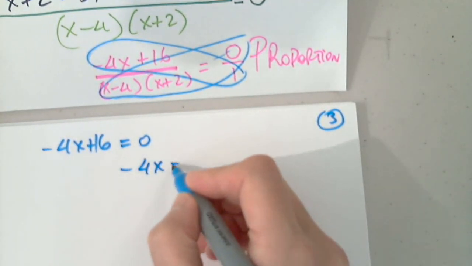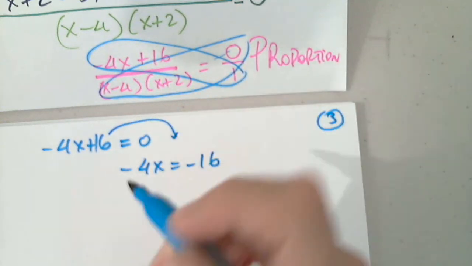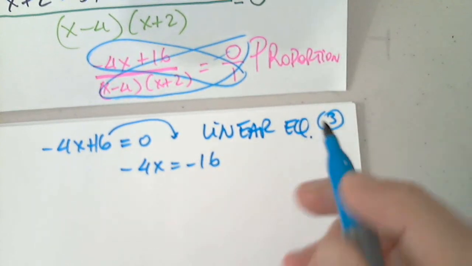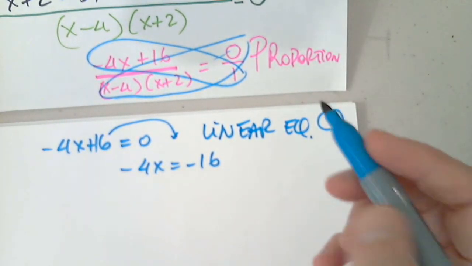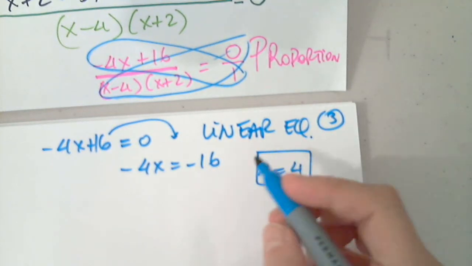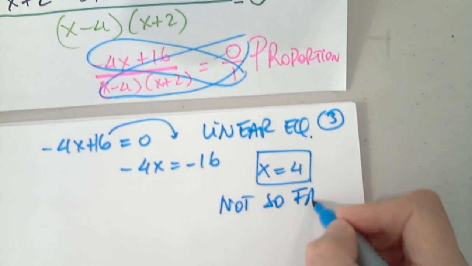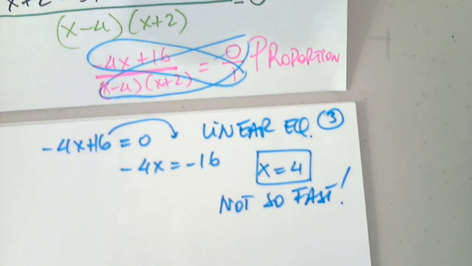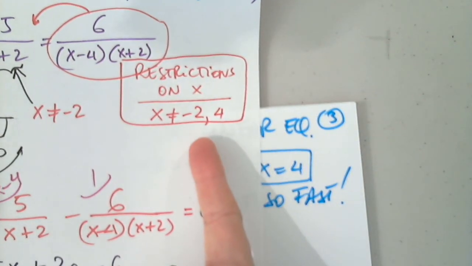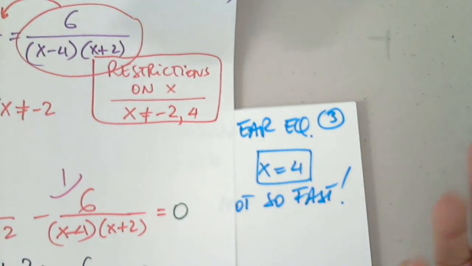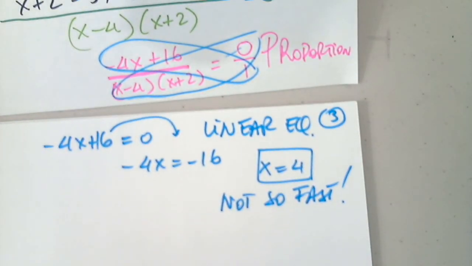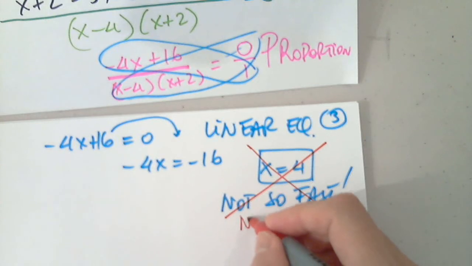So the negative 4x equals negative 16 because now this is a linear equation. I divide both sides by 4 and I say, I got the solution. And you would say, not so fast. And you will tell me you worked very hard to state your restrictions from the very beginning, knowing that you will never accept negative 2 and 4. So I will say, oops, no solutions.